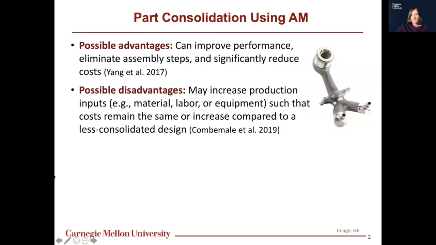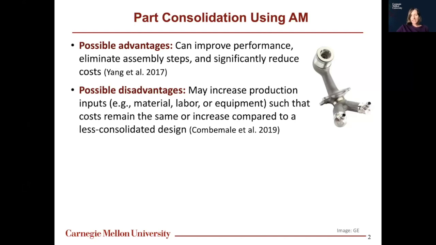This paper was motivated by the potential advantages of using AM to leverage parts consolidation across a large range of systems. Of course, one advantage of using AM for parts consolidation is that it can improve performance, eliminate assembly steps, and potentially significantly reduce costs from taking out those production steps from assembly.